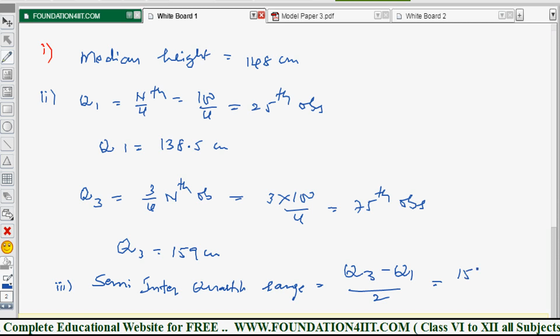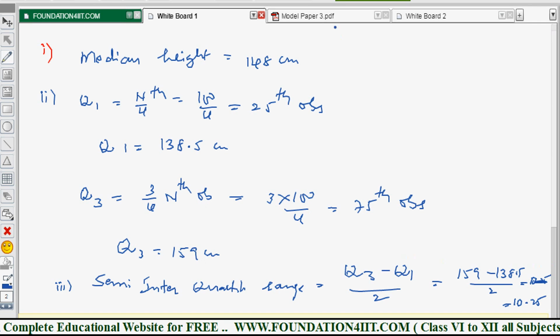That is 159 minus 138.5 divided by 2. Do the subtraction and the division, and you will get 10.25. Okay, that is 10.25. 10.25 is the semi-interquartile range.